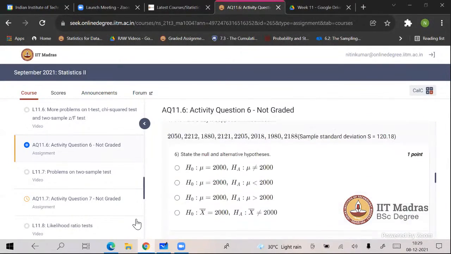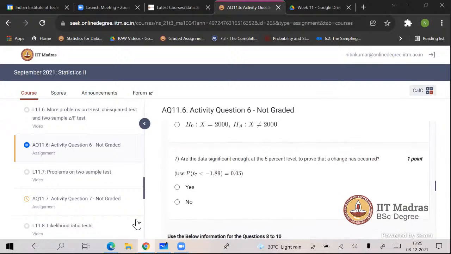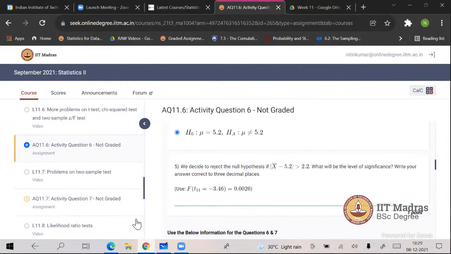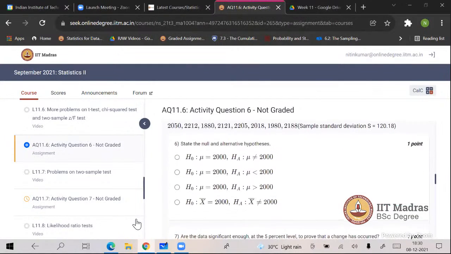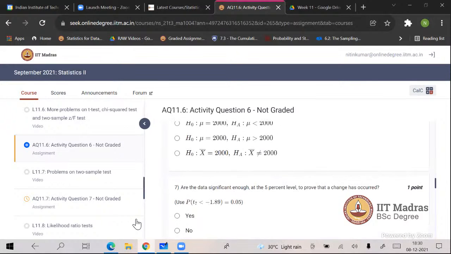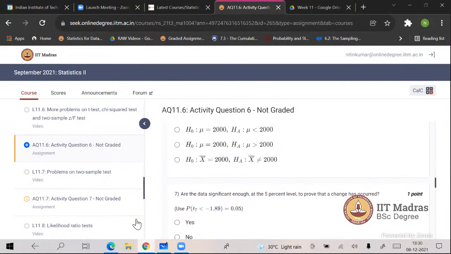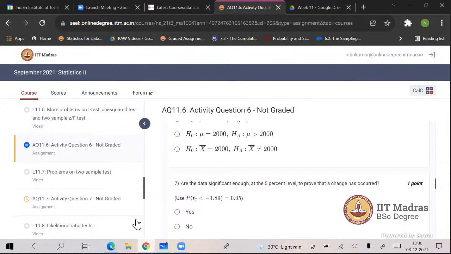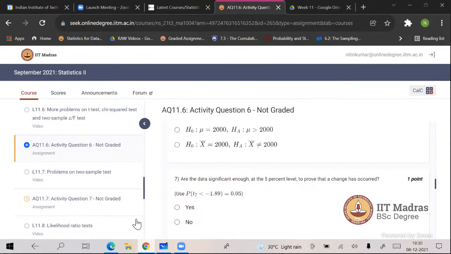So the fifth one. This one? Yes, sir. Sorry, seventh, sir. Yes, sir. Are the data significant enough at the 5% level to prove that the change has occurred?